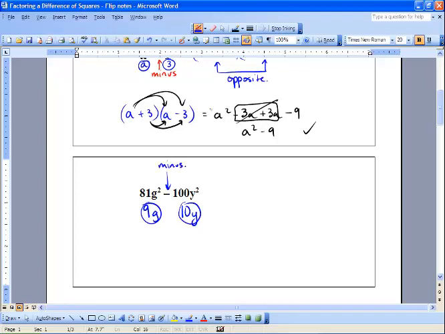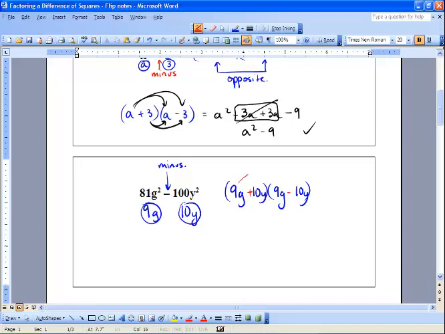Taking the difference of squares does not work unless there's a minus sign in there. So then we put our two sets of brackets down, and we get 9g and 10y, 9g and 10y. We now put in our positive and negative, and voila, there's our factoring of difference of squares.